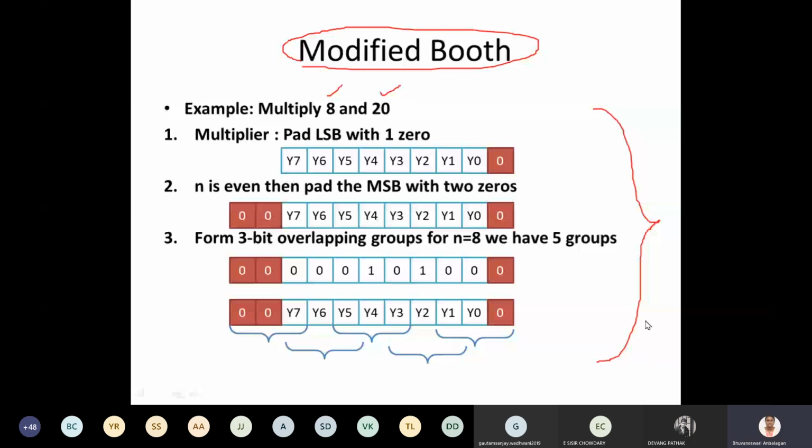You simply type multiplier or multiplicand. Multiplier. Yes, Adil has given multiplier. Yes, what about others? You can type in your chat box.